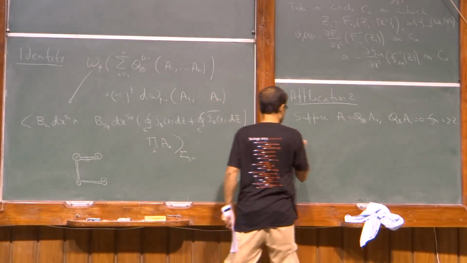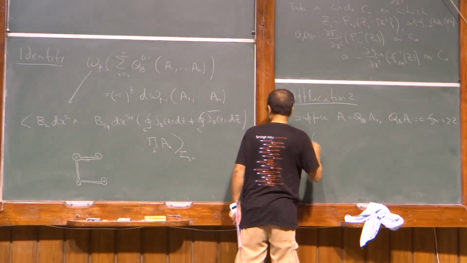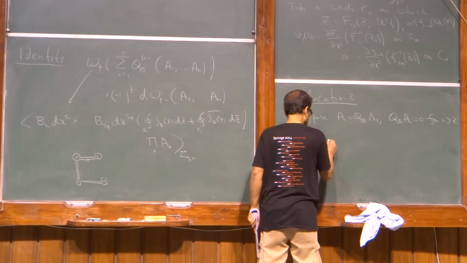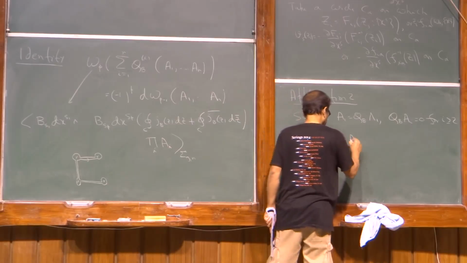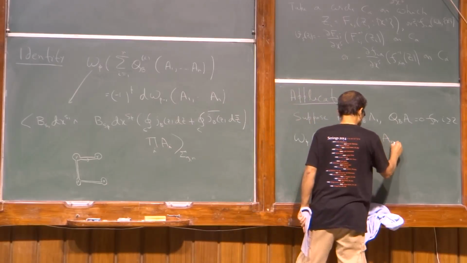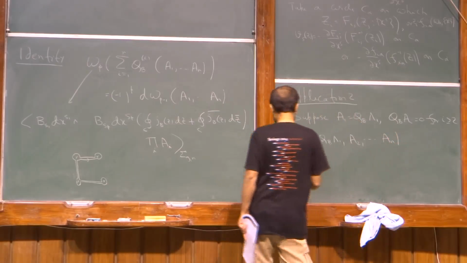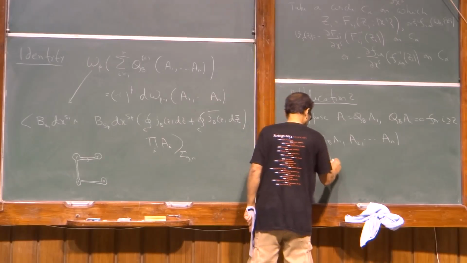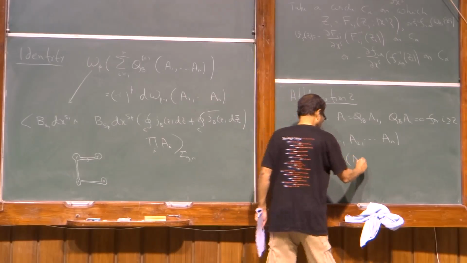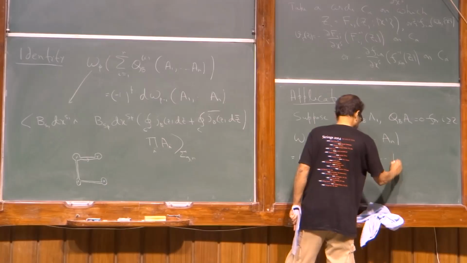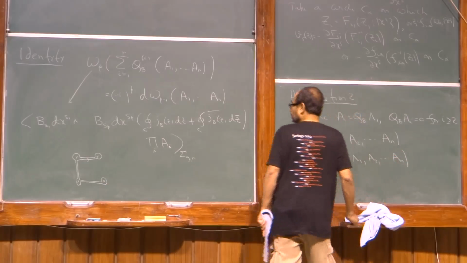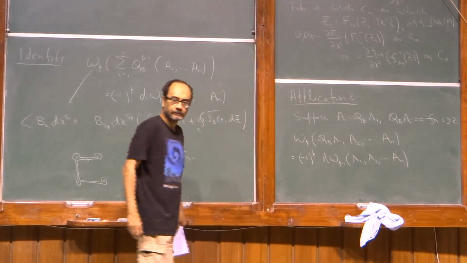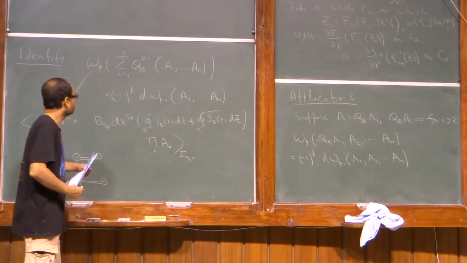Then we can make use of this identity to conclude that omega p of QB lambda 1 is given by minus 1 to the... What have we done?